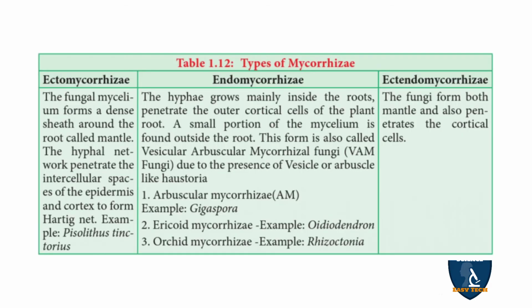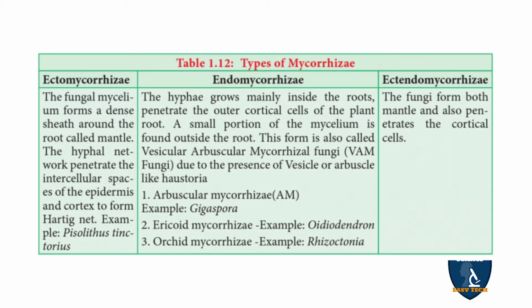Based on this, it is divided into arbuscular mycorrhiza, AM fungi, example Gigaspora; ericoid mycorrhiza, example Oidiodendron; orchid mycorrhiza, Rhizoctonia. Now I will read this, and you will get an idea.